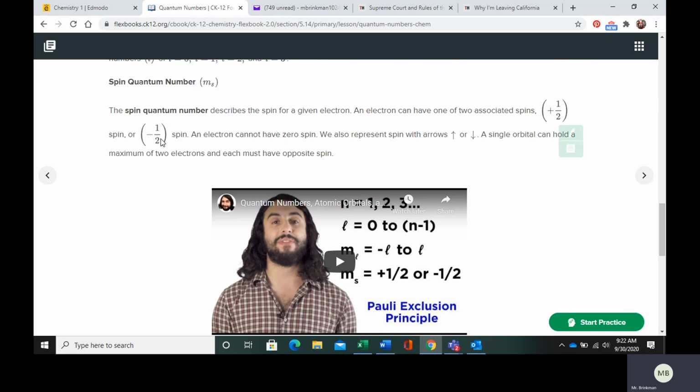An electron cannot have 0 spin because it's always going to be orbiting the nucleus. So the way we're going to represent this, we're going to have an up arrow or a down arrow. All right. A single orbital is going to be able to hold 2 electrons, which we talked about earlier. Each is going to have an opposite spin. So if one has the positive spin, the other has the negative spin.